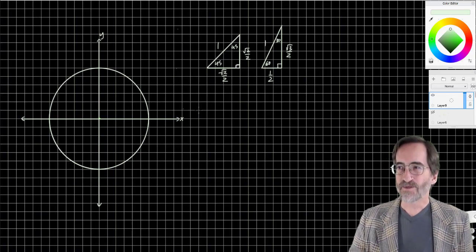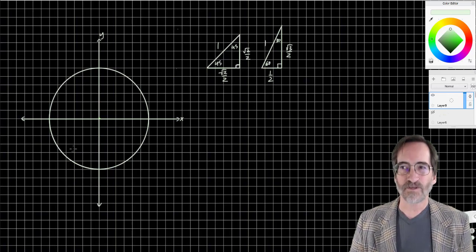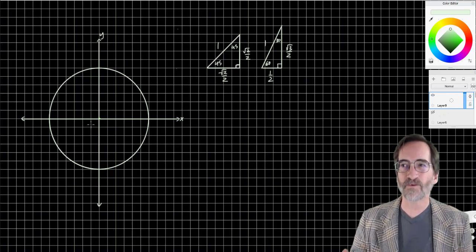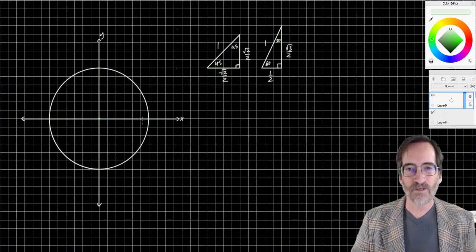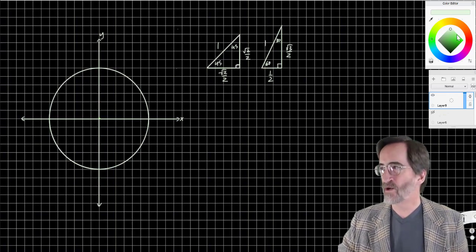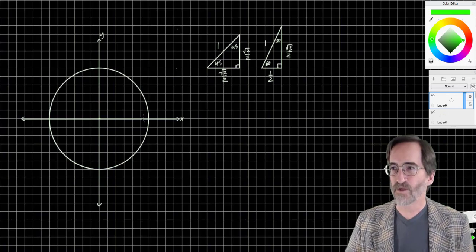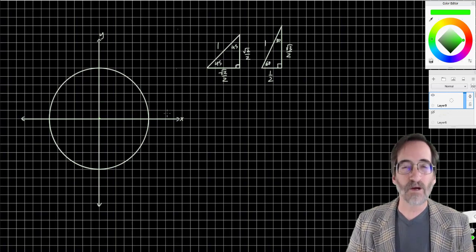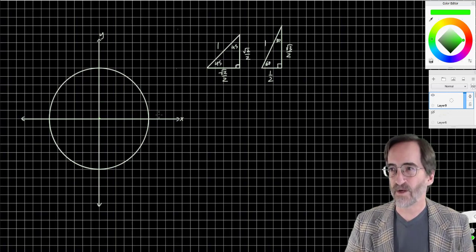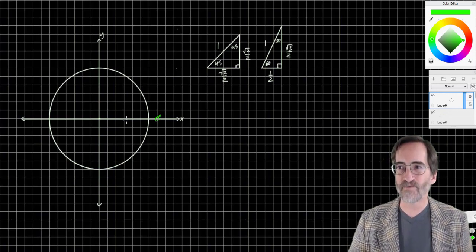The second piece of evaluating trig functions on the unit circle is to be able to mark out the common angles. I'm going to mark out some of the common angles using degrees first. I'm not sure the lesson had you do that, but it'll give us a comparison between degrees and radians. So 0 degrees, of course, starts with the positive x-axis.